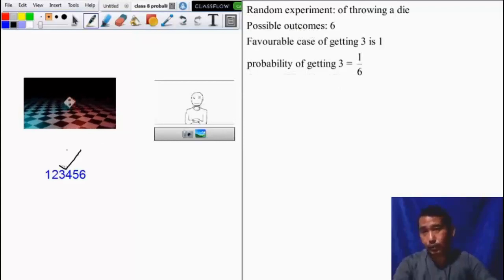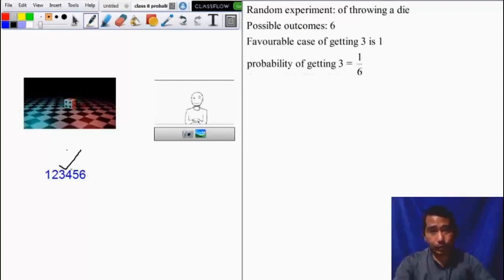Same for the number 1, we will have 1 by 6, and 2 also will have 1 by 6. Like that you can find all the other probabilities according to the question. For this case, I am finding the probability of getting the number 3, that is 1 by 6.